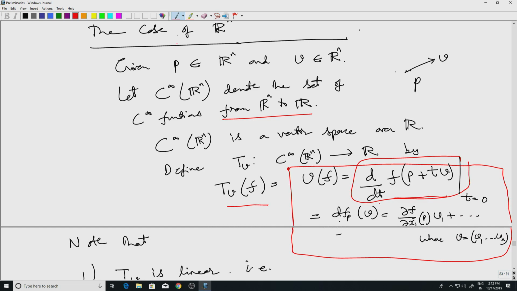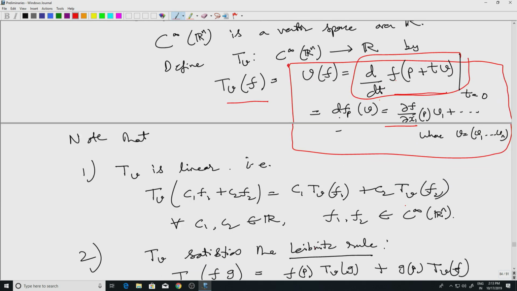By chain rule, that's also equal to, well, not yet. We saw that this is equal to the differential of f as a linear transformation acting on V, and that is in fact given by partial derivatives. So therefore, I have the last expression here.